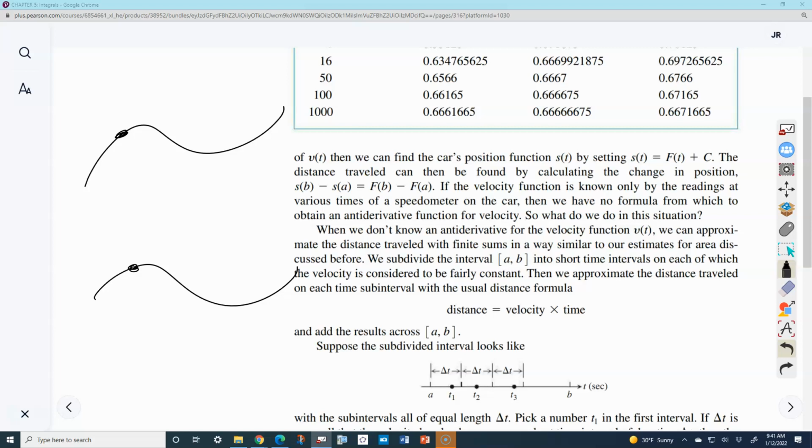If I'm getting my position function, and I know that I'm moving 2 meters per second or whatever, my final position would depend on where I start. If I'm moving 2 meters per second and I start here, I'm stopping here, that's going to be a different final position than if I started here and moved 2 meters per second. That's 2 different final positions. And the only difference was not the speed or the velocity. The only difference was my initial position where I started. And that's the plus c.